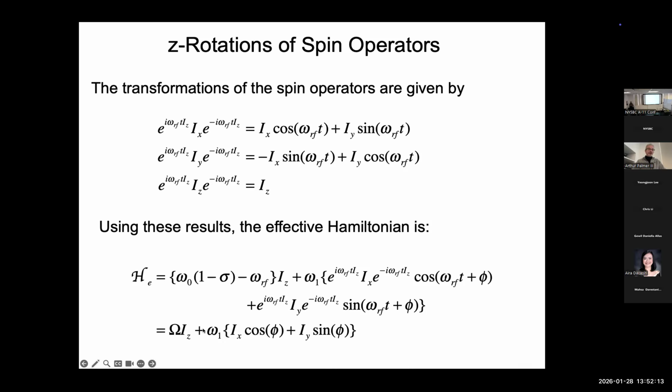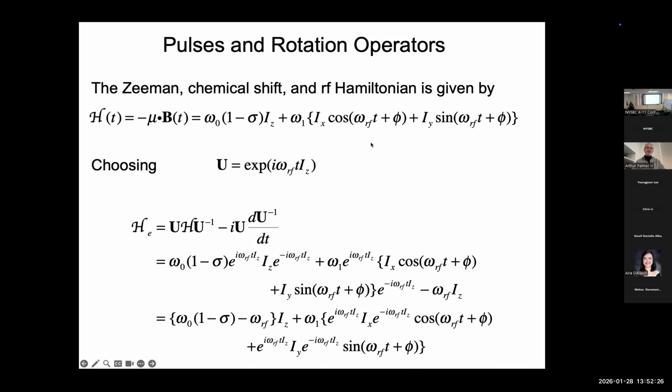The amplitude here, omega 1, is the amplitude of the pulse. And now the phase of the pulse in the rotating frame becomes the phase of the RF in the laboratory frame.